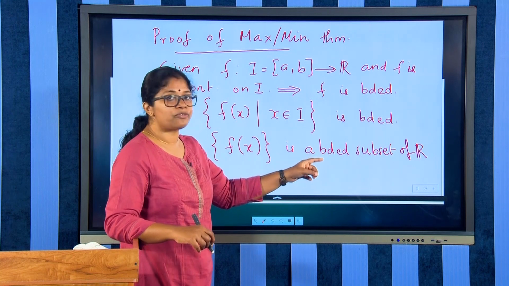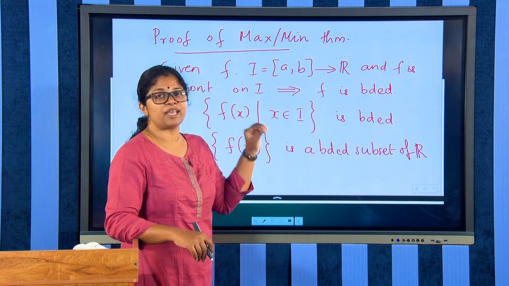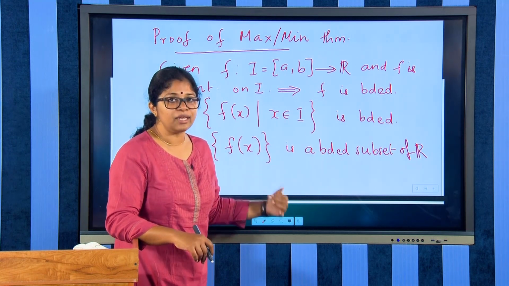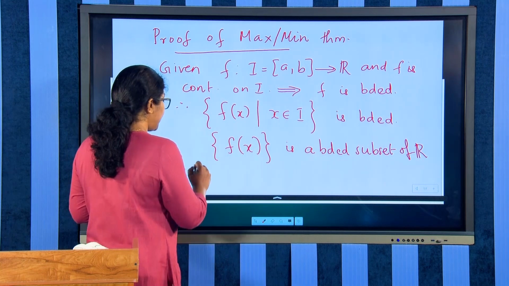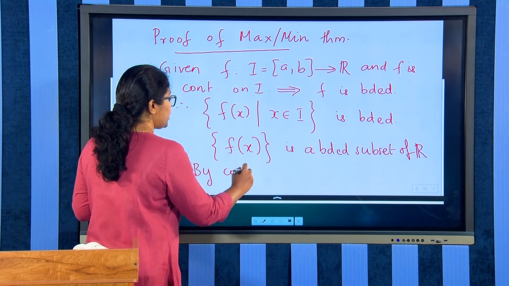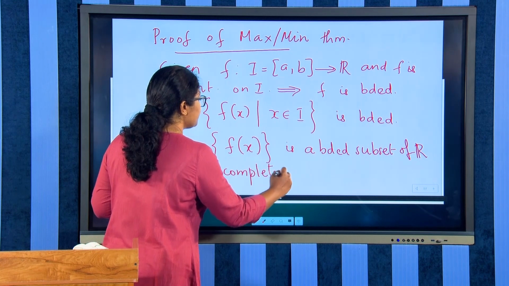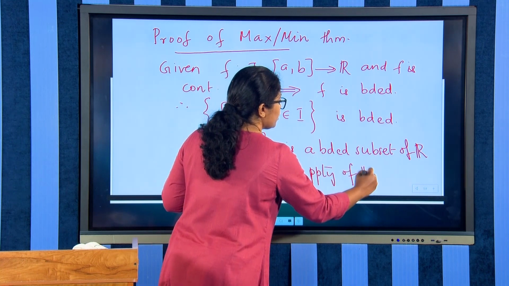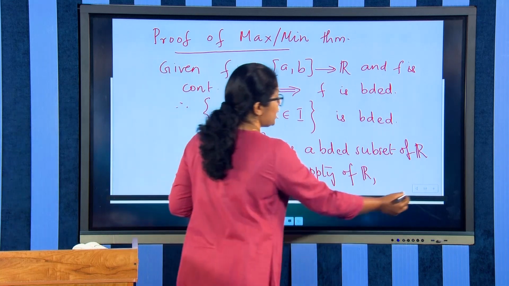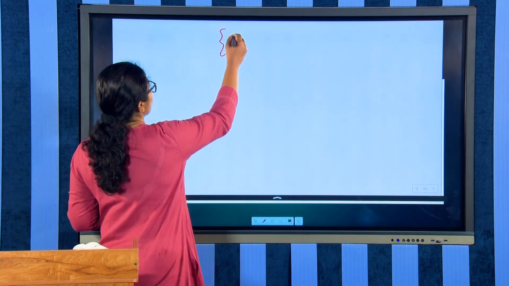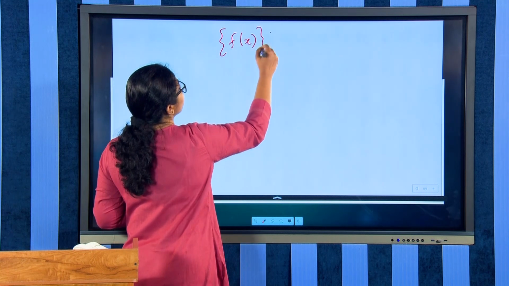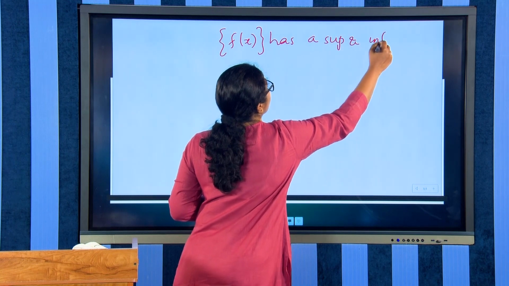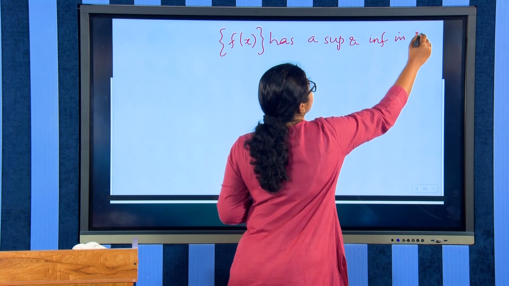For a bounded subset of R, or if a set has an upper bound, definitely it has a supremum in R, and if it is bounded below, it definitely has an infimum in R. So, by the completeness property of real numbers that we have studied earlier, this set f(I) has a supremum and an infimum in R.